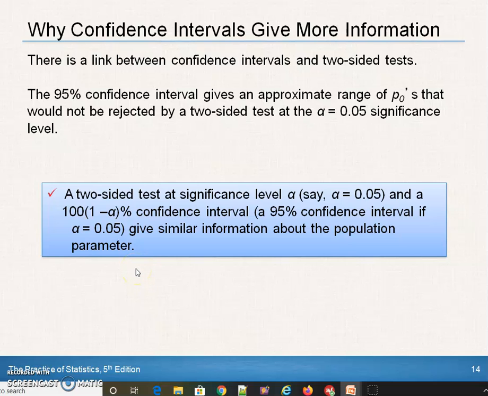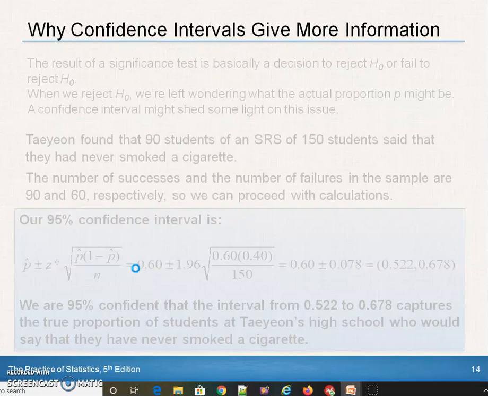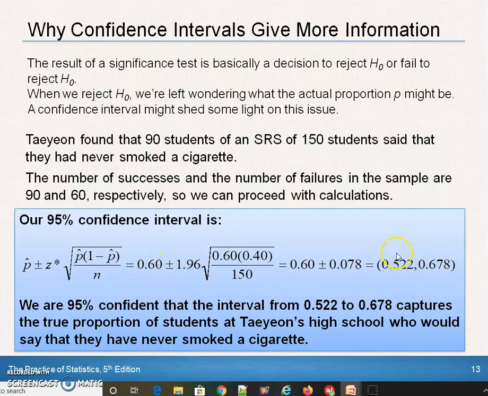And our confidence interval, so what is 90 over 150 as a decimal? Well, it's 9 over 15, which is 3 over 5, which is 60, or 0.60.